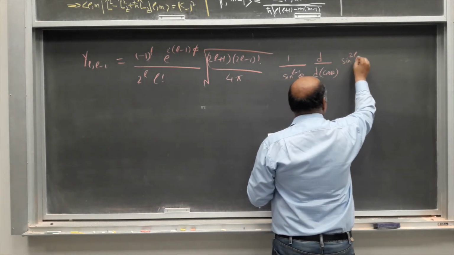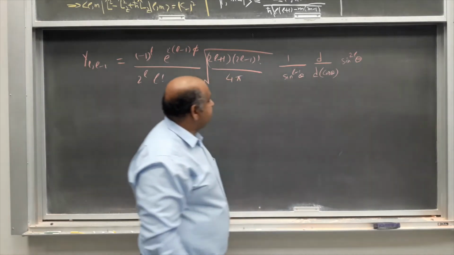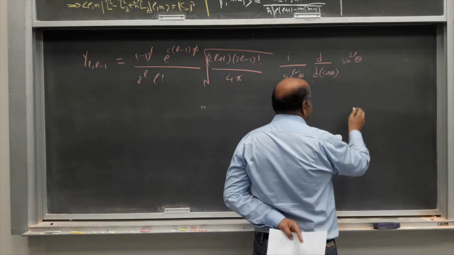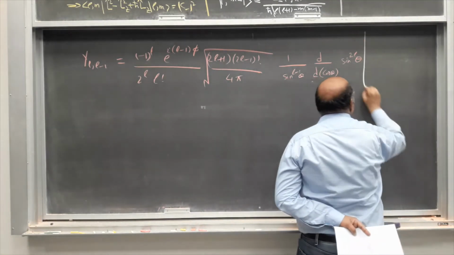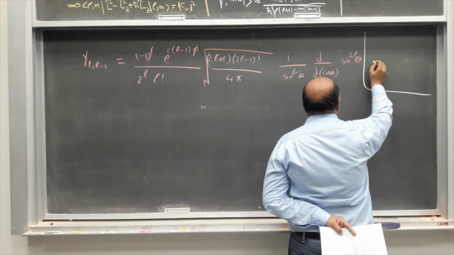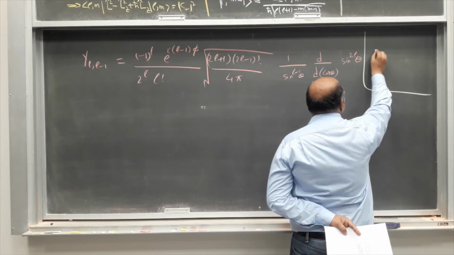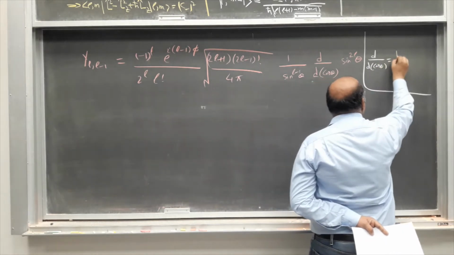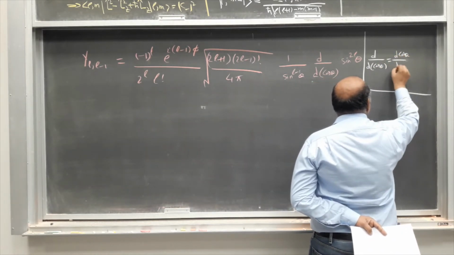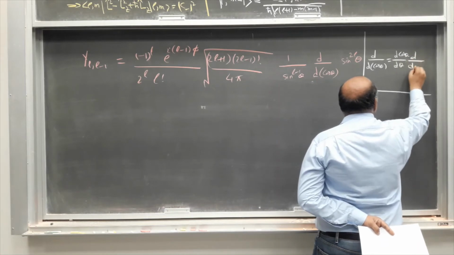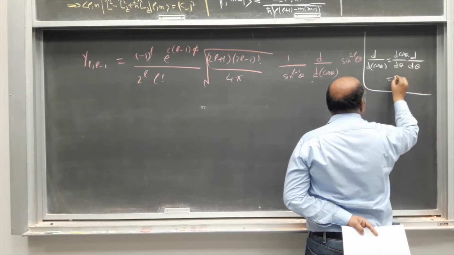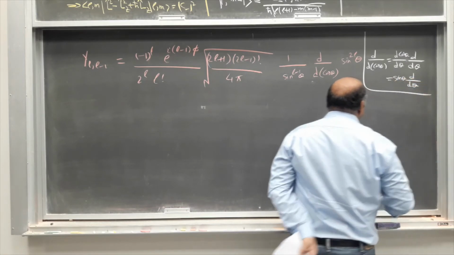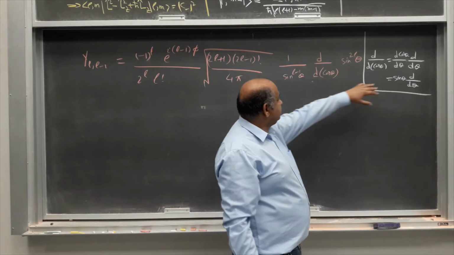Sine l theta. If you open this up, and this derivative d by d cos theta, let me just say what it is. It's just a shorthand notation, because d by d cos theta is nothing but d theta by d cos theta times d by d theta, and this is proportional to 1 over sine theta, d by d theta. So this is just a shorthand notation of this derivative.